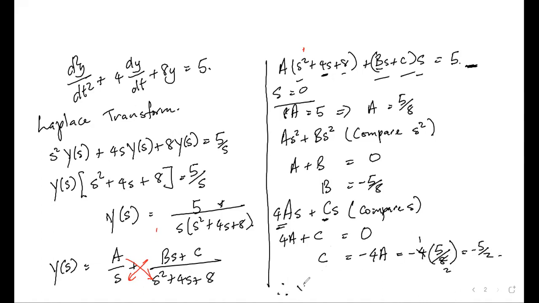So therefore, Y(s) is going to be equal to A, which is 5 over 8, times 1 over s, plus Bs, where B is minus 5 over 8, and this is going to be 1 over s squared plus 4s plus 8.